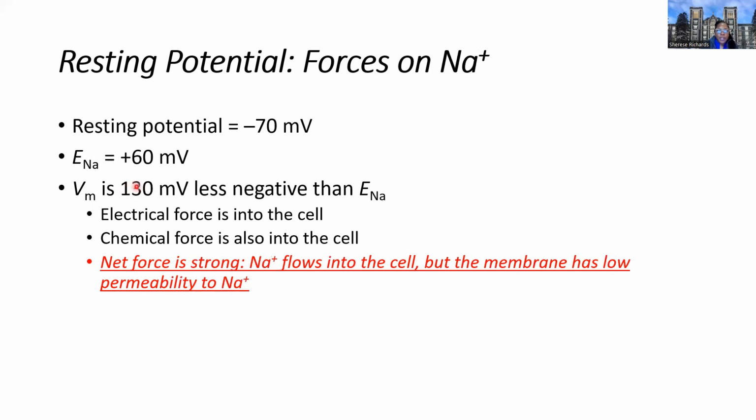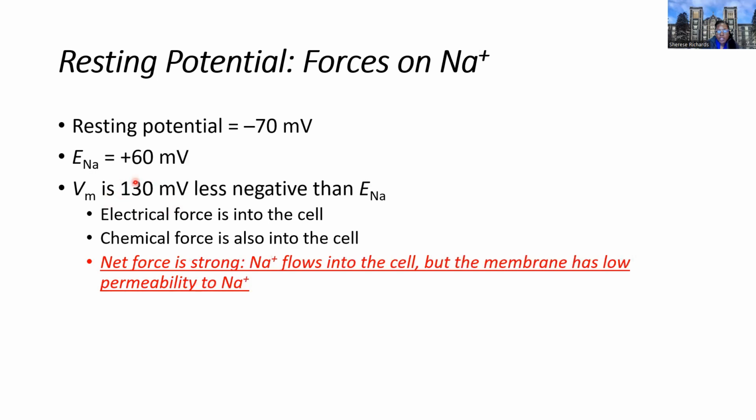If we think about sodium on the other end, sodium has an equilibrium potential of positive 60 millivolts. That means that when the cell is at rest at negative 70, this is 130 millivolts less negative than sodium's equilibrium potential. So now we have a much stronger magnitude.